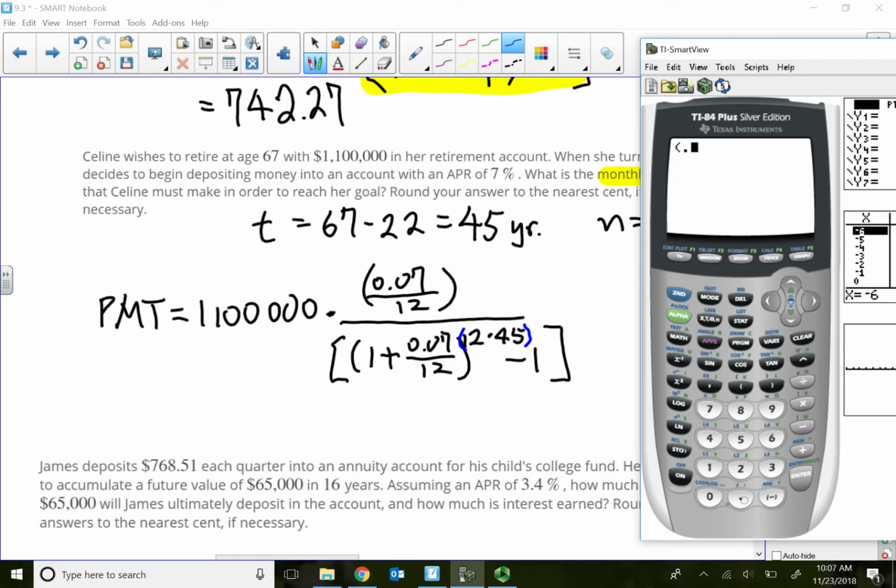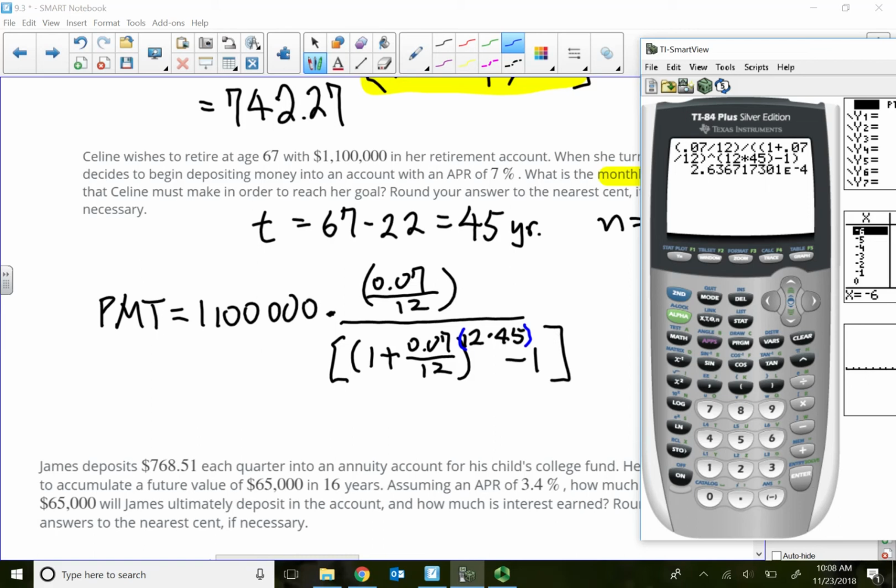So parenthesis 0.07 divided by 12, divided by, open the parenthesis for the brackets, open another parenthesis inside, 1 plus 0.07 divided by 12, close parenthesis for the 1 plus something, exponent, open the blue parenthesis, 12 times 45, close the blue parenthesis, then minus 1. And then make sure we close the bracket.